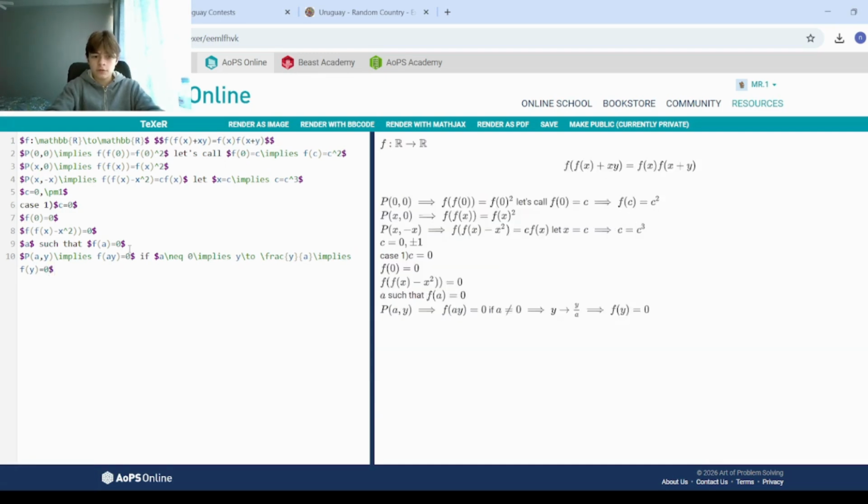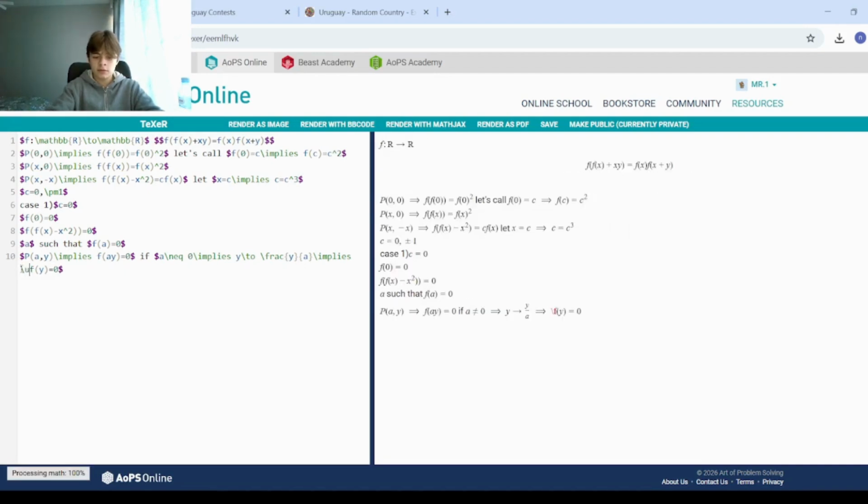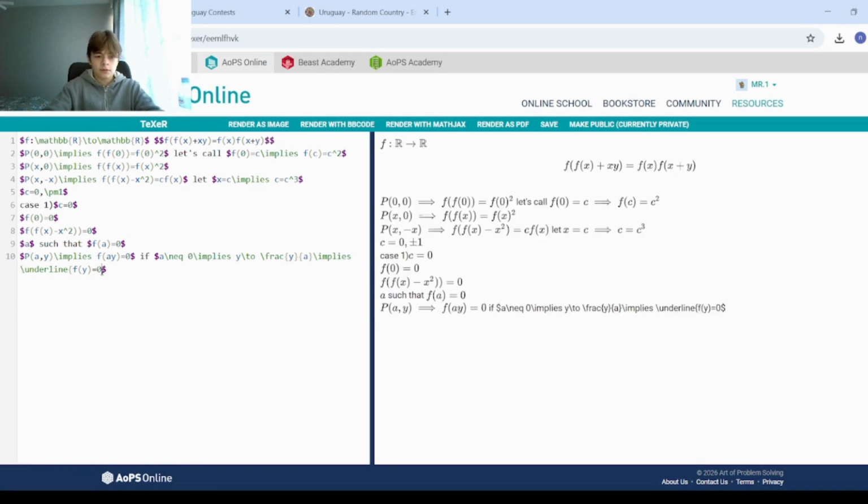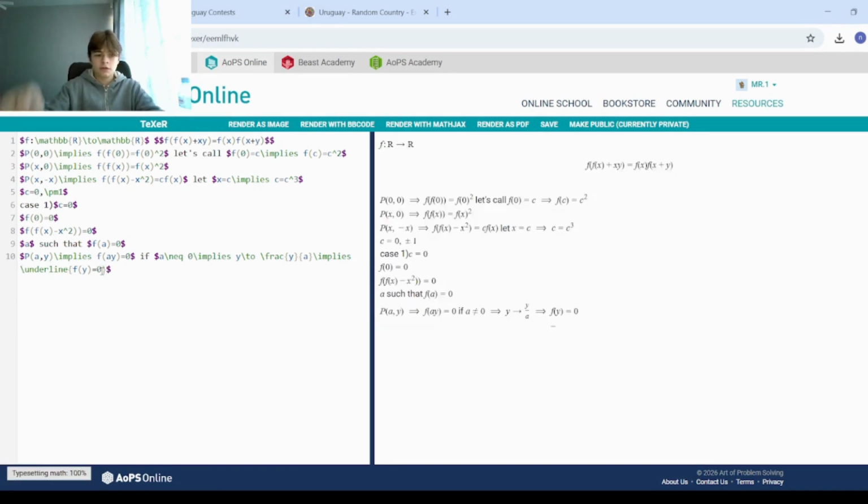And of course this is one of the solutions, so we can underline. Okay, so we have one solution.